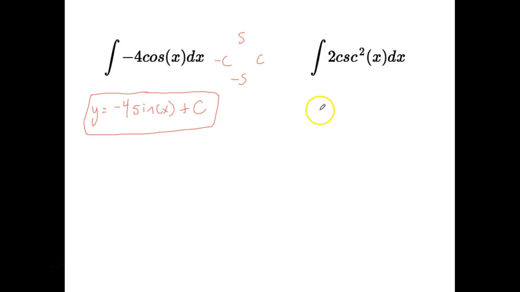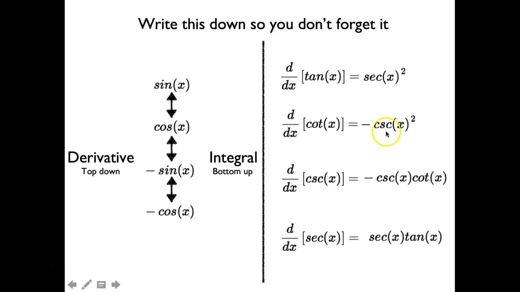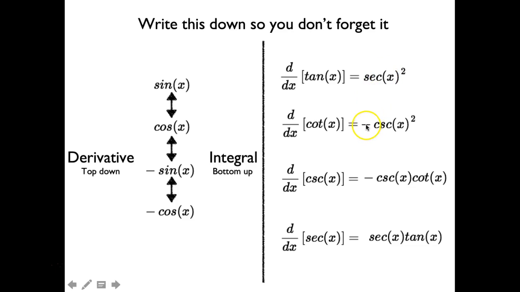Okay, let's do this one. Now it's cosecant squared. That's going to be one of those four that I showed you. Let's go back and look at it. The integral of cosecant squared is cotangent, but it's really negative cosecant squared, right? So since this doesn't have a negative on it, I'm going to have to move that negative over here.